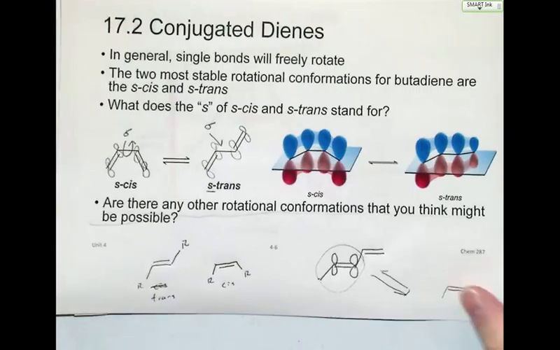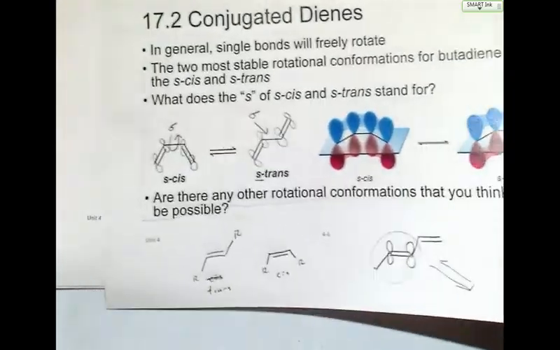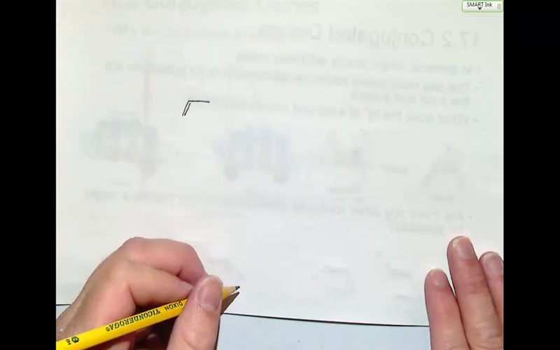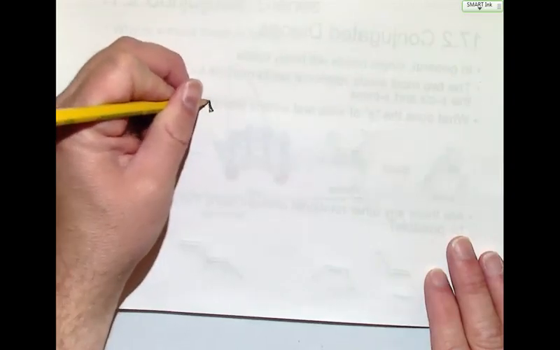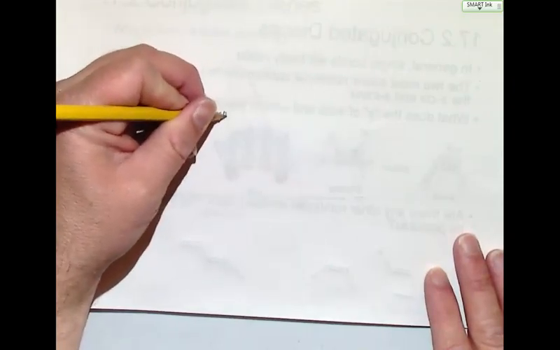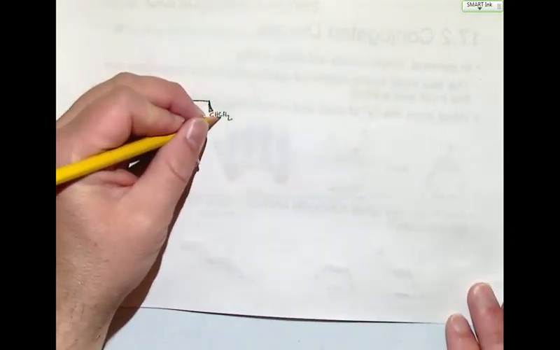Well, there are a lot more. There's an infinite number of other conformations. There's one, for instance, where this is in the plane of the paper, but then there's a CH2 sticking out of the plane at us. It's hard to draw that. So there's like a double bond in here.